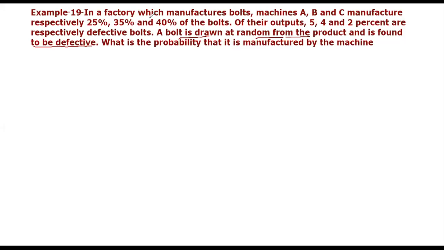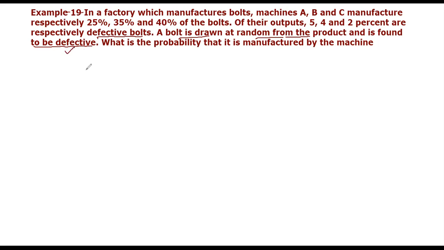Here, in a factory, the machines A, B, C manufacture 25%, 35%, and 40% of the bolts, and 5%, 4%, 2% means 5% are defective from machine A, 4% are defective from machine B, and 2% are defective from machine C. Okay. Now a bolt is drawn and is found to be defective.